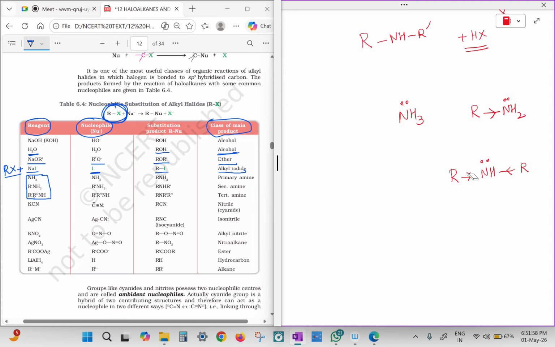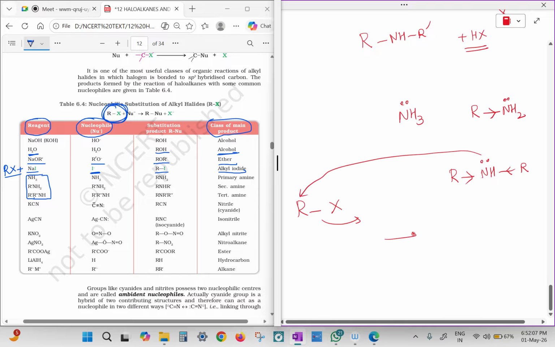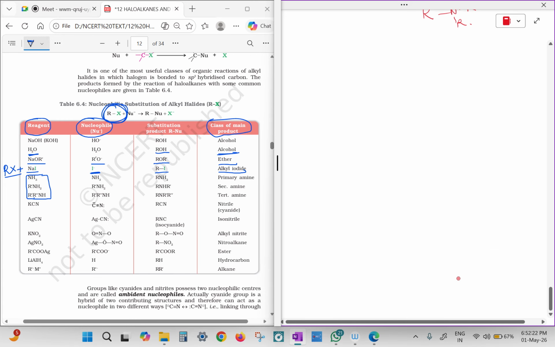Isn't it a better nucleophile? So what will that do? It will again attack on RX, and this time you will get R, N, H bonded to another R, with a positive charge and X minus. Finally, it will settle down as R, N, R with an R. So I'll write it in short.